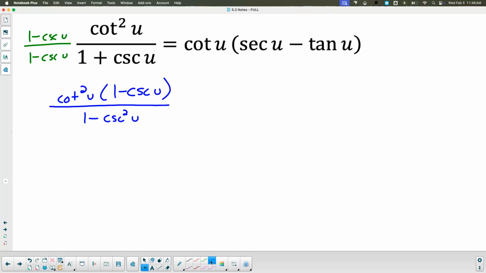Put them in sine and cosine yet, or no? What can I do with the bottom? The bottom does not turn into 1 plus cotangent squared. You factor out the bottom. If I factor out the bottom, I'm just going to go right back up to there.